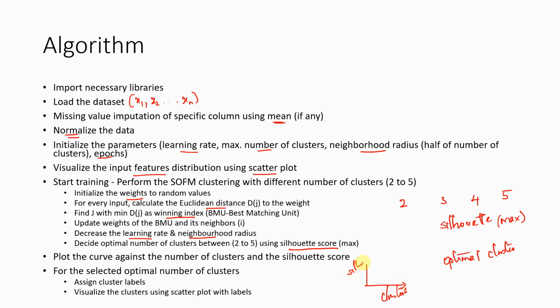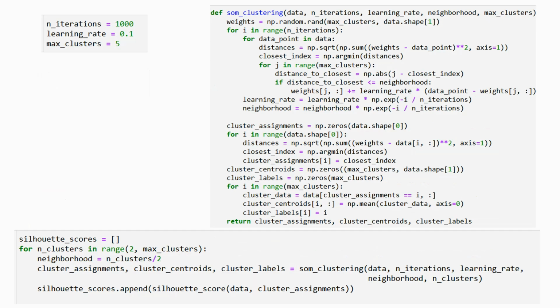From that, we can identify the number of clusters with the highest Silhouette score, which will be considered the optimal number of clusters. Once the optimal number of clusters is finalized, we need to assign the cluster labels and visualize the clusters with different colors in the scatter plot.